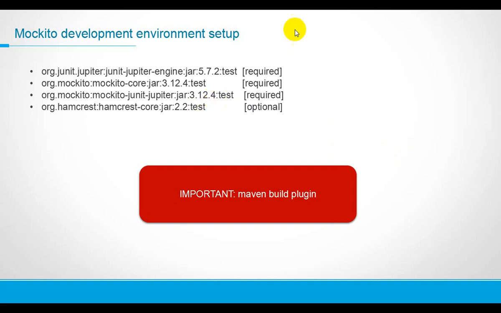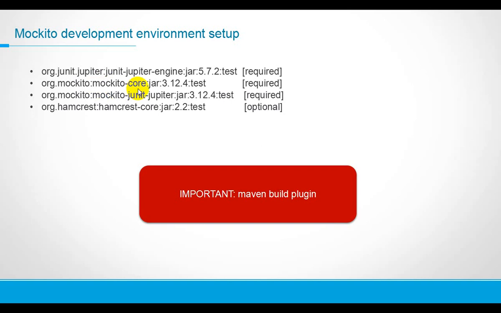As you can see in this PowerPoint, we need to introduce the required libraries. First is the JUnit Jupiter engine that will execute the JUnit 5 test code. And second is Mockito core.